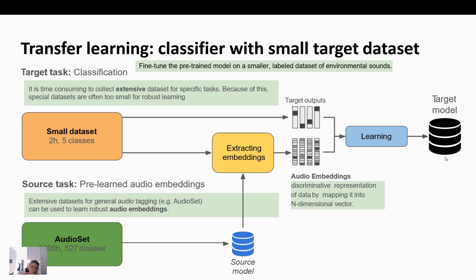All right, so we have only a small data set, and in this case, for transfer learning, we use this Google AudioSet. All right, and then we have the source model and extract the embeddings. It's basically a discriminative representation of data by mapping it into n-dimensional vectors. Okay, it's all vectors and matrices, and go through the machine learning methods, and then you get the target model.